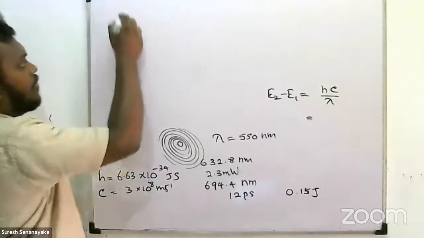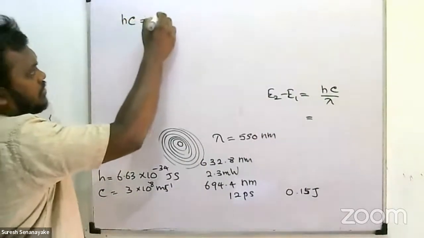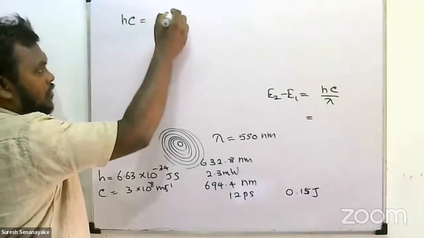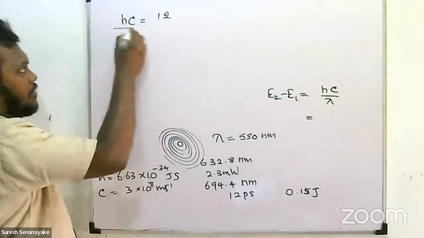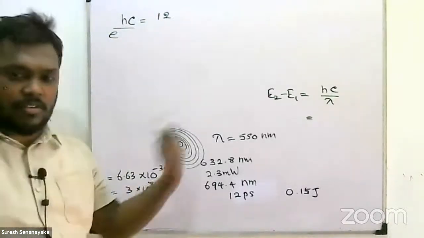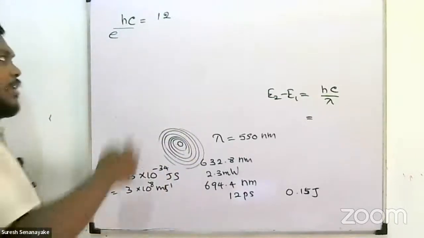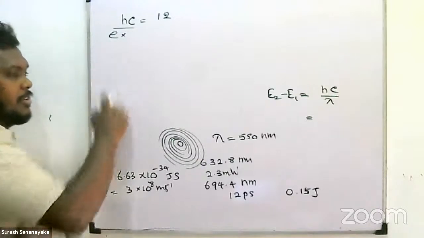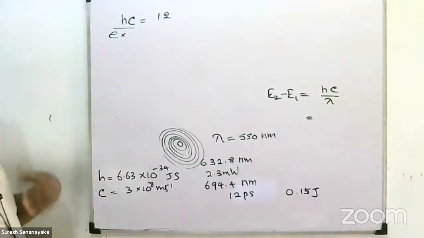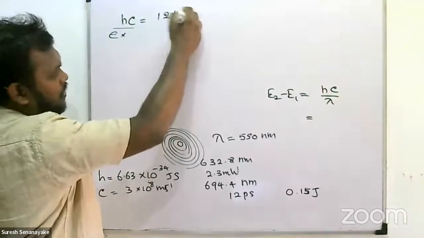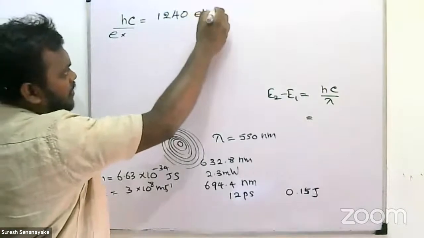Try this at home. Take the product of hc and a value will come. To get electron volts, divide hc by the charge of the electron, so joules are converted to electron volts. And you can write this as 1240 eV nanometer.